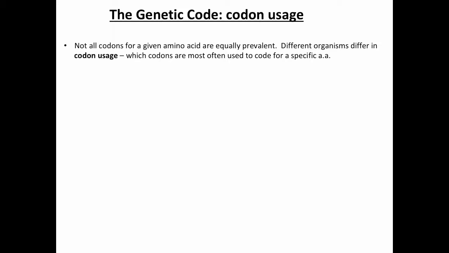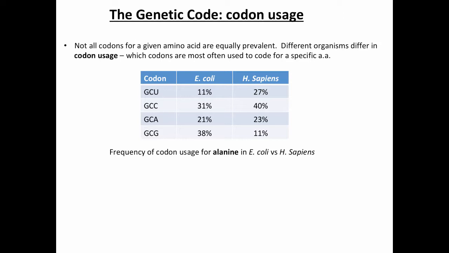They use a specific set of codons to code for a specific amino acid. So for example, let's just take alanine. Alanine is coded by these 4 codons, GCU, GCC, GCA, GCG. And if we compare the usage of those codons between E. coli and humans, they're actually quite different.